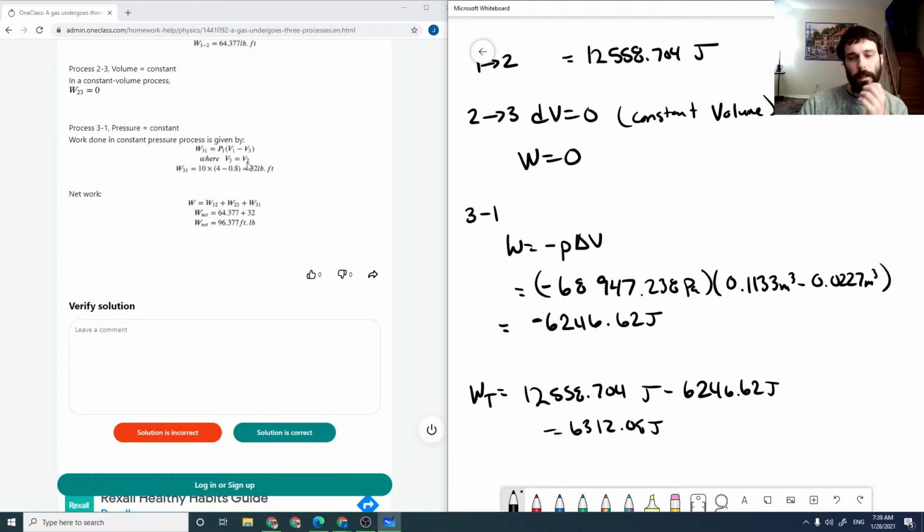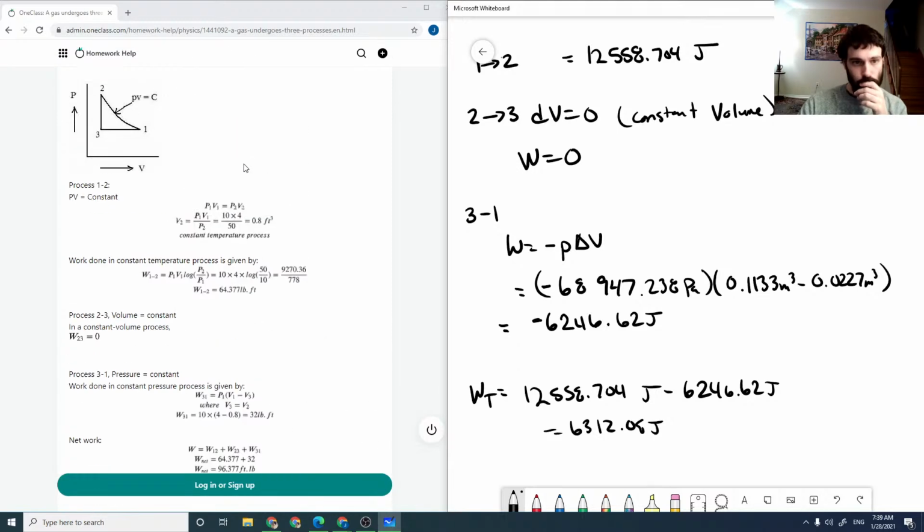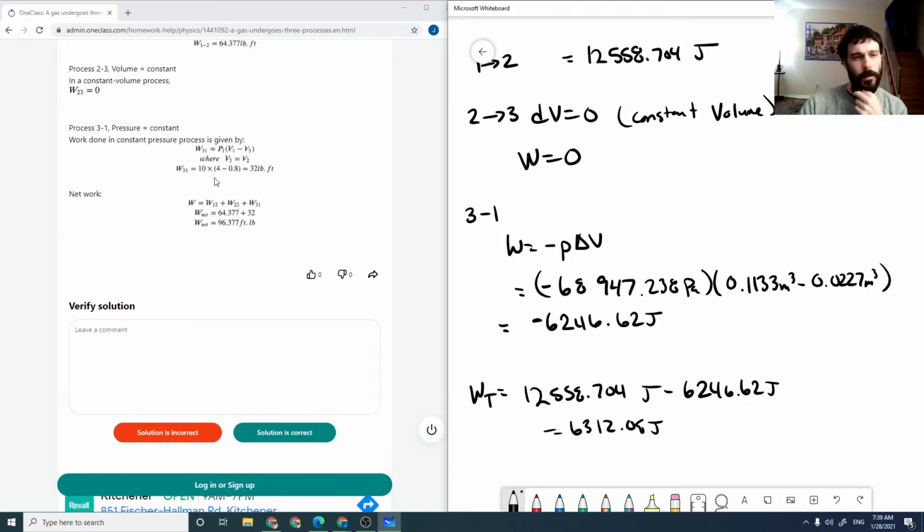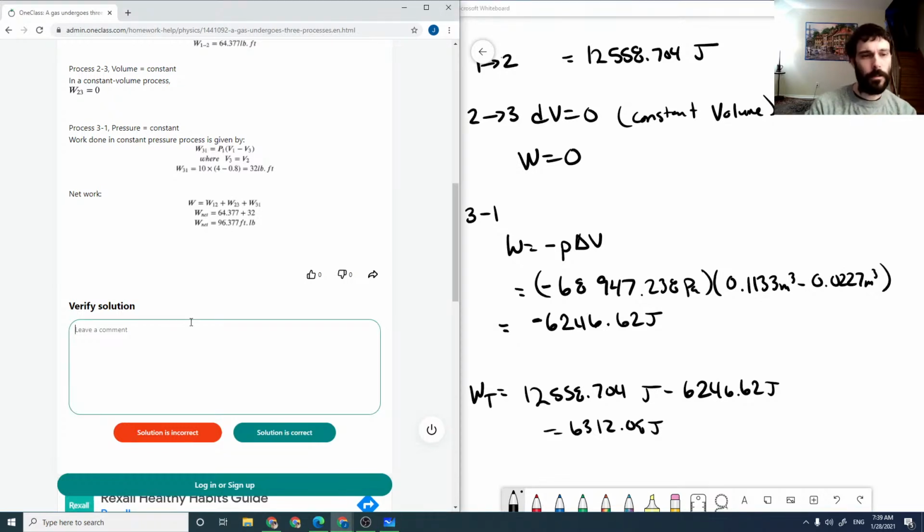Now this should be minus PV, not positive, so it actually wouldn't sum up. So work in the third process should be negative.